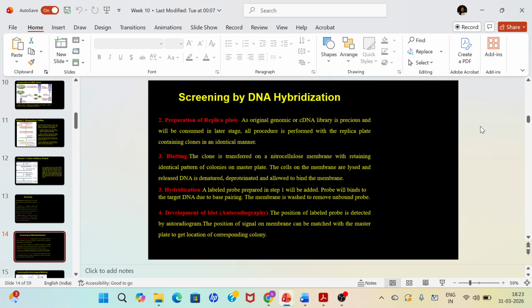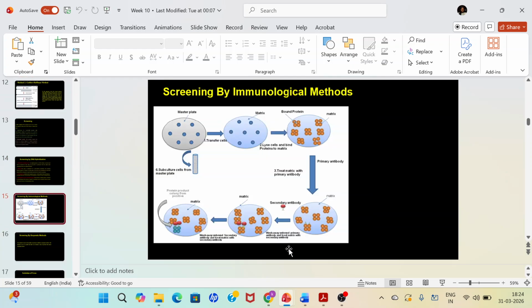The probe will bind to the target DNA due to base pairing, and the membrane is washed to remove unbound probe. The bound probe will tell us the sequence of the DNA to which it has bound. The position of the labeled probe is detected by autoradiogram, and the position of the signal on the membrane can be matched with the master plate to get the location of the corresponding colonies.